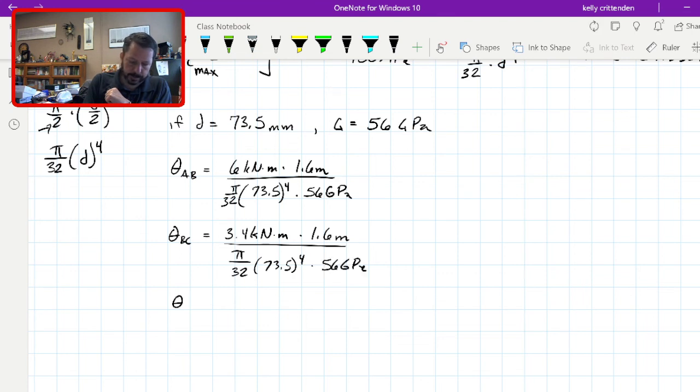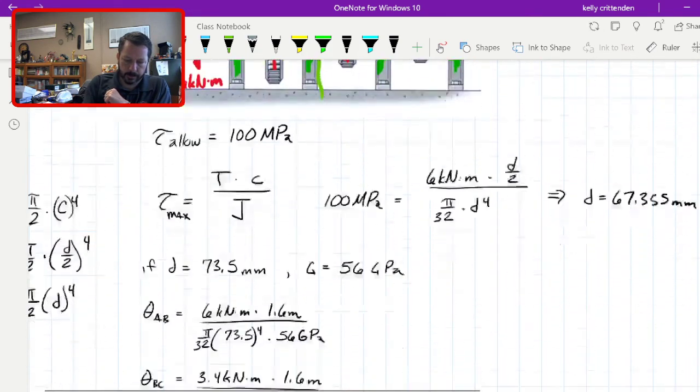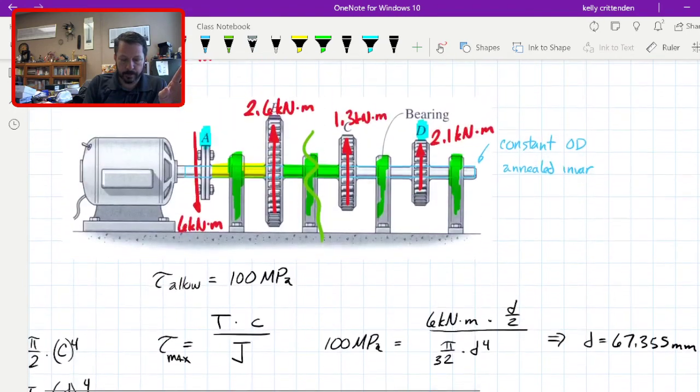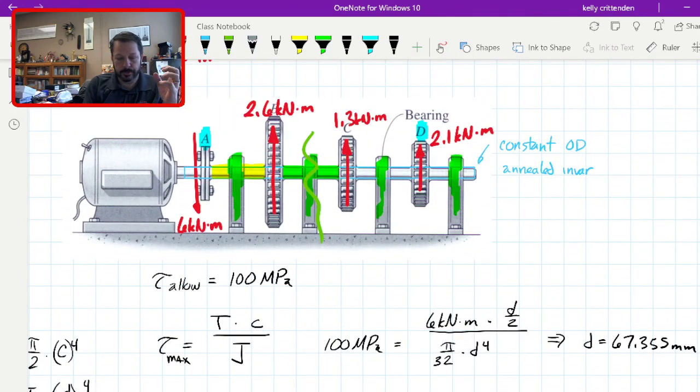And then the last one, theta C to D, is carrying 2.1. So it's the 3.4, and then I removed 1.3 kilonewton meters at C, and so that last little section just carries 2.1. The very last section carries 0. No torque in that last section.